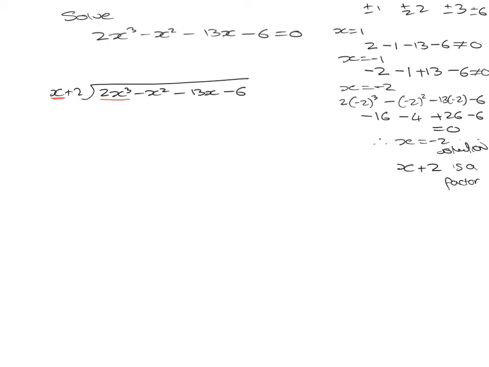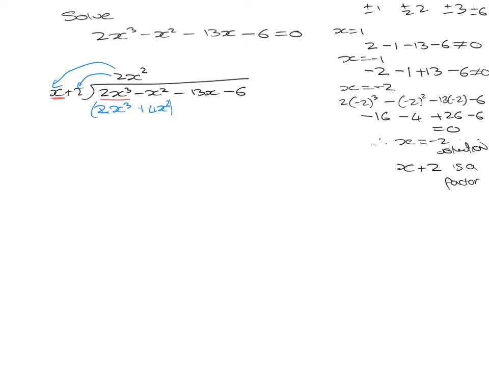So 2x cubed divided by x gives us 2x squared. And then just like we did with the number, we're going to do 2x squared times x gives us 2x cubed, and 2x squared times 2 gives us 4x squared.